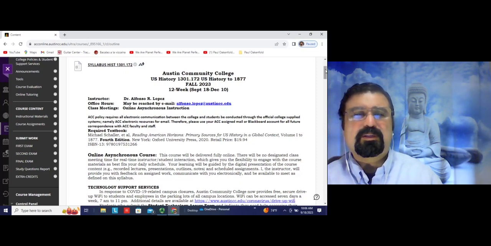And according to ACC policy, all electronic communication between faculty and students must take place within the ACC official electronic resources, which means that if you're going to send me an email, please use your ACC email account, because otherwise, if you're sending it from a private email, I would not respond.